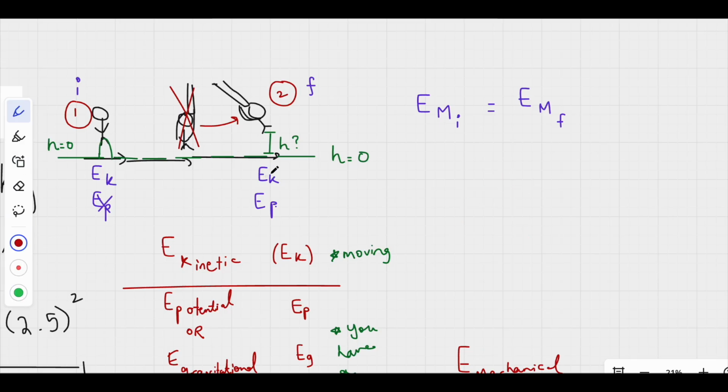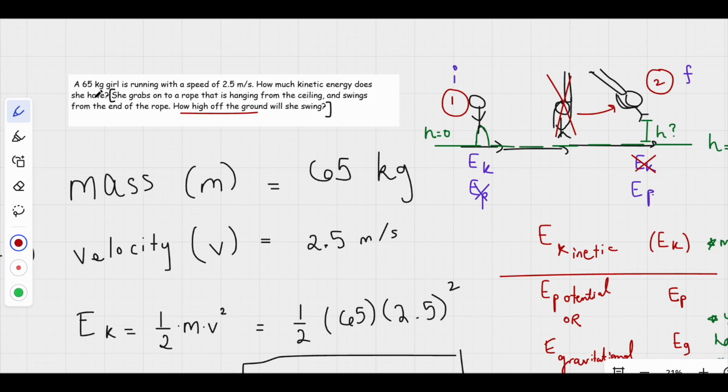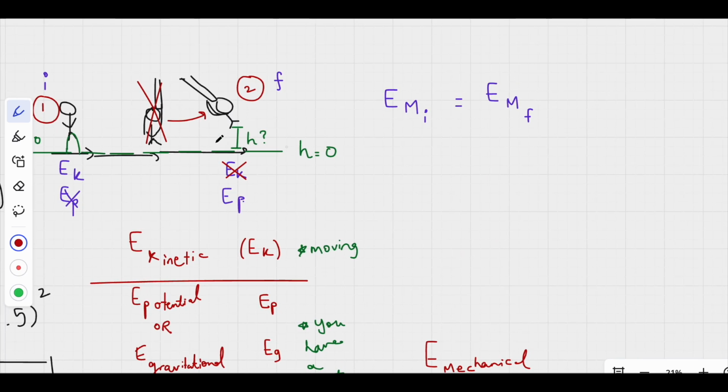So we're going to assume then that we have no kinetic energy at the end, and if we did include kinetic energy, assuming she was swinging as well as having a height, we wouldn't be able to solve it because we don't have her final kinetic energy anyways. So this assumption would make the most sense.